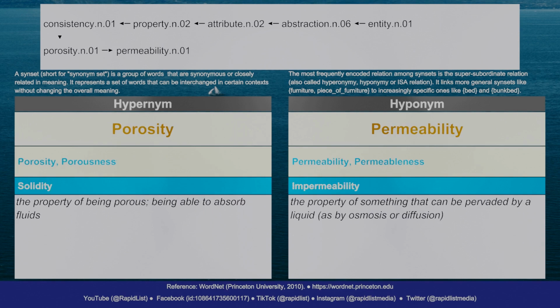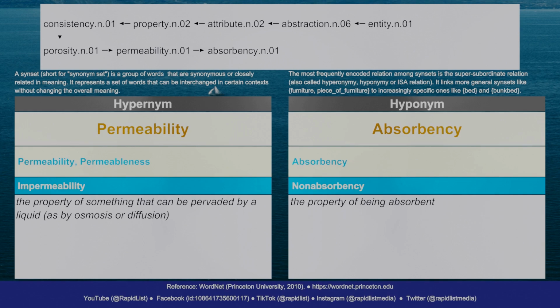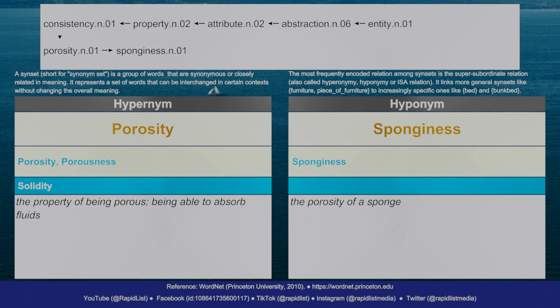Permeability. The property of something that can be pervaded by a liquid, as by osmosis or diffusion. Absorbency. The property of being absorbent. Sponginess.